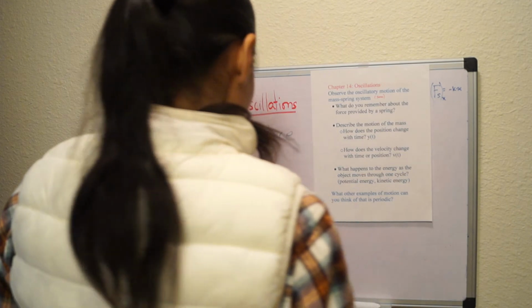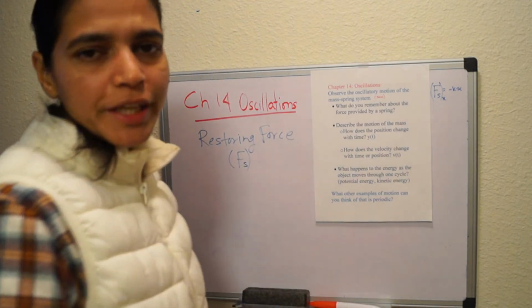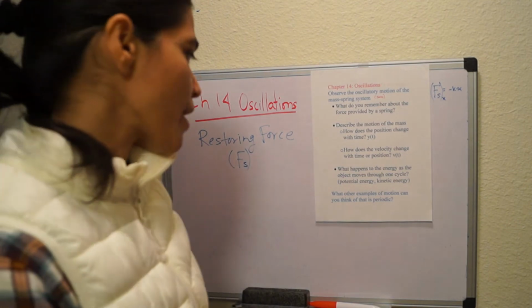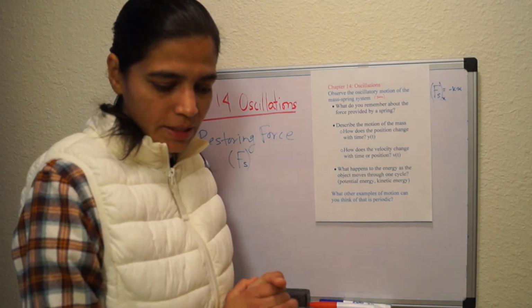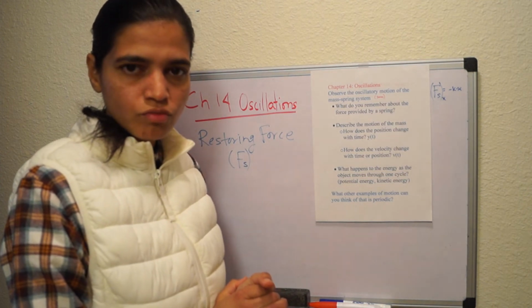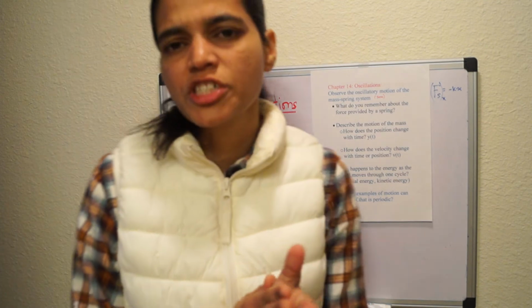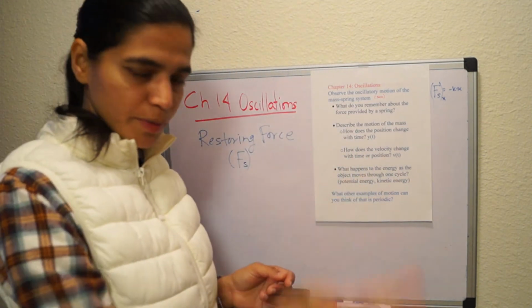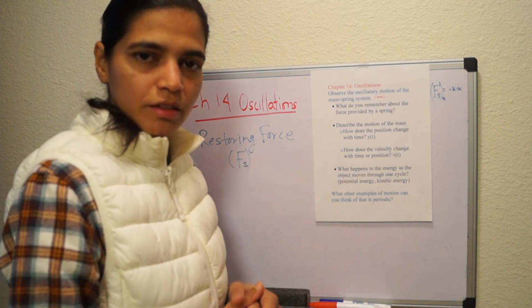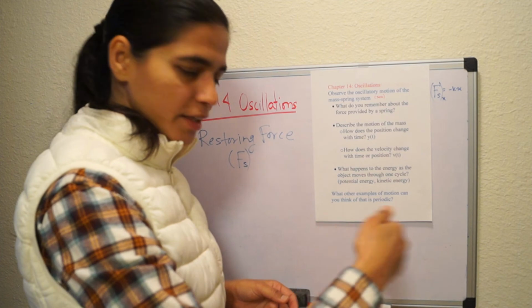So what other examples of motion can you think of when we talk about periodic motion? Take a moment to reflect on that. Have you looked at anything that's doing something like this, repeating, or going this way and then coming back like that?